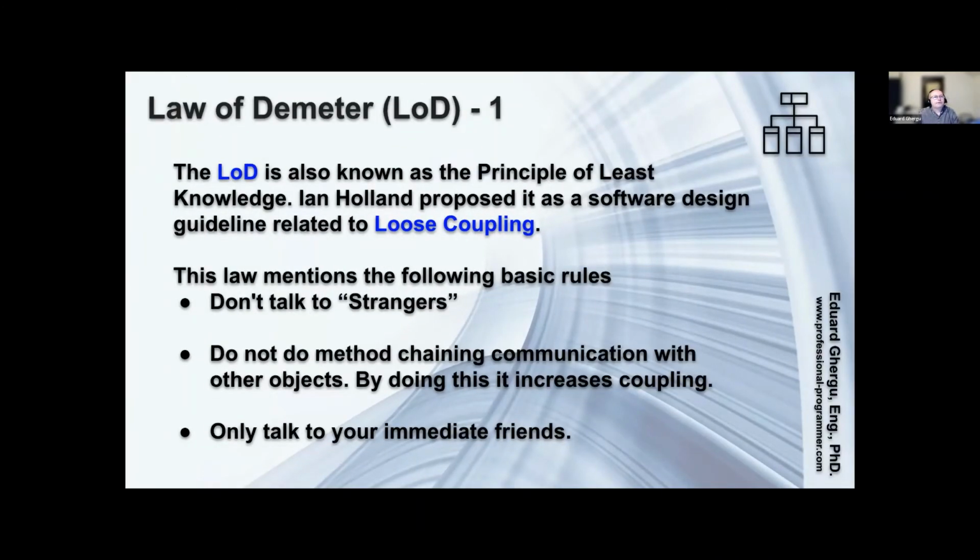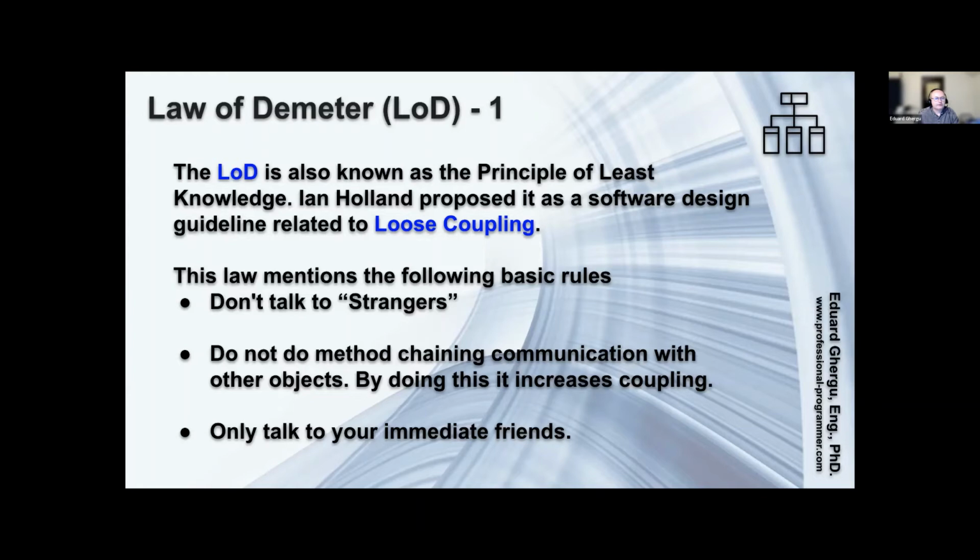Yeah, next is the law of Demeter. And we'll have a sample to look at a bit later. This is the principle of least knowledge. So it's related to behavior, to how a specific part of the code should interact with other parts of the code.